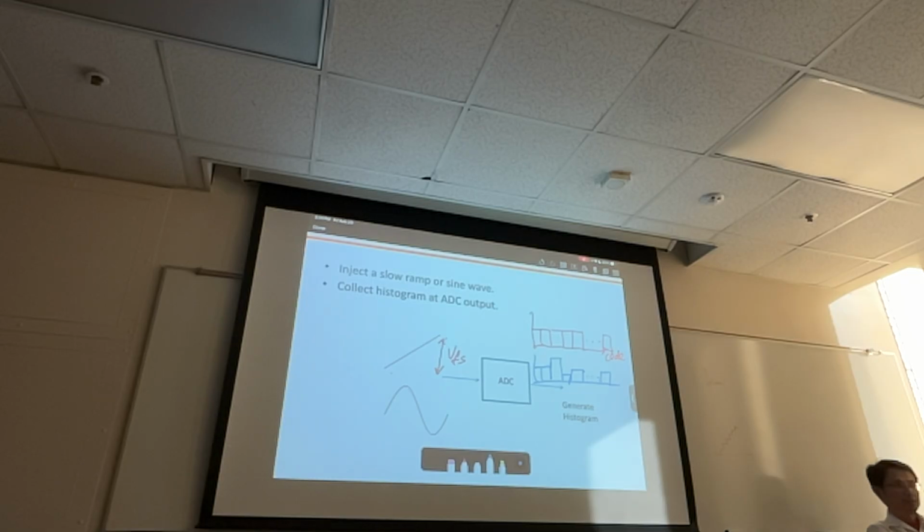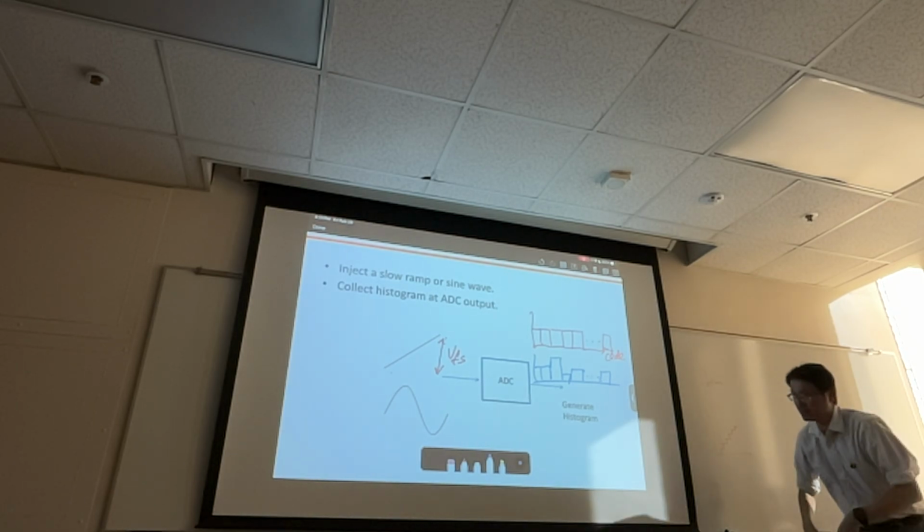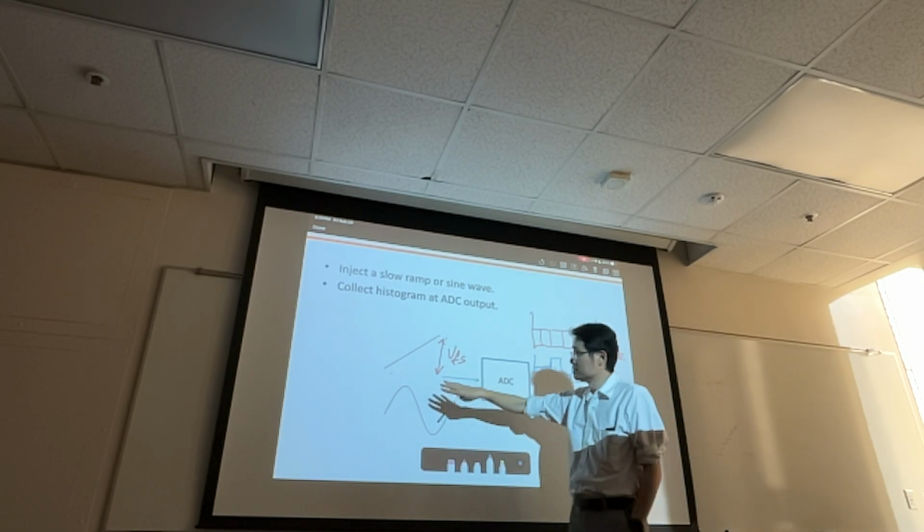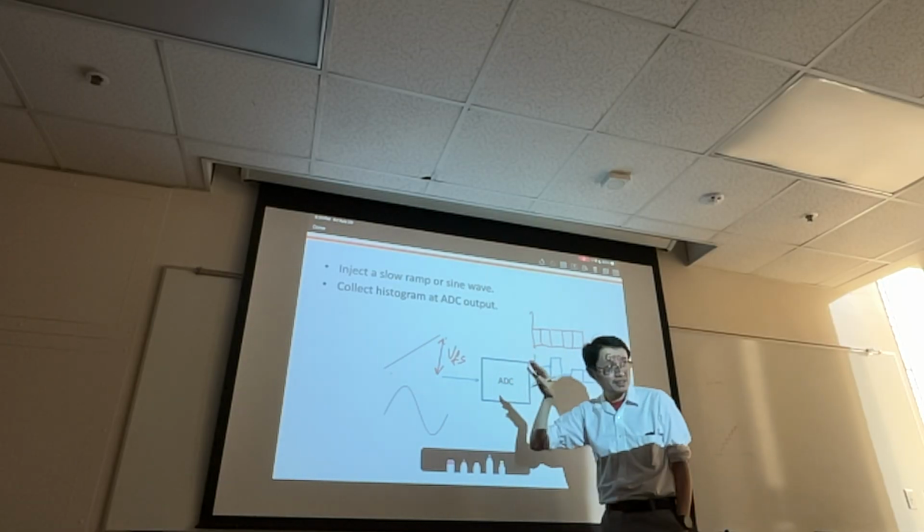You can use a signal generator. Next time, if you get a chance, take a look at how good that ramp is. If, let's say, the ramp is not perfect, and I guarantee you it won't be perfect, what happens to the histogram?